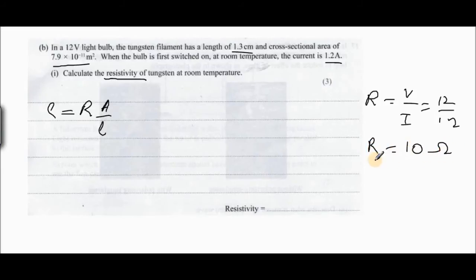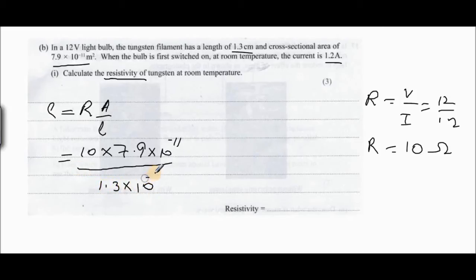I can use this resistance R here, the cross-sectional area and the length, so 10 times 7.9 × 10^-11 divided by length. Length is 1.3 × 10^-2.